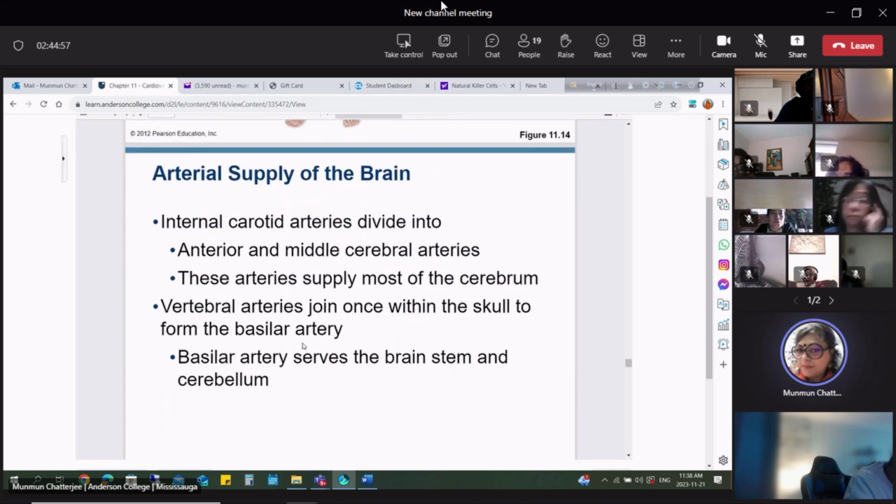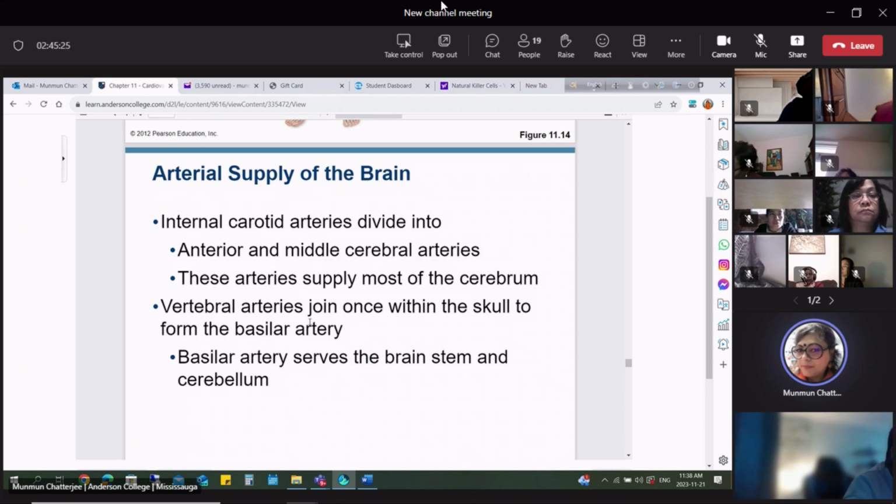Now, what is the arterial supply of the brain? Like we already know, the arteries generate from the aorta and supply blood to the different organs and tissues, even including the heart, which is called the cardiac circulatory system.